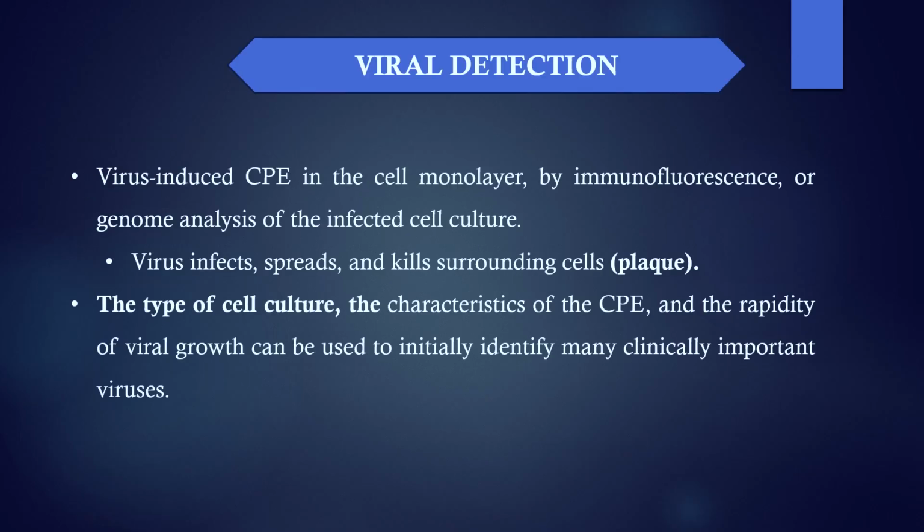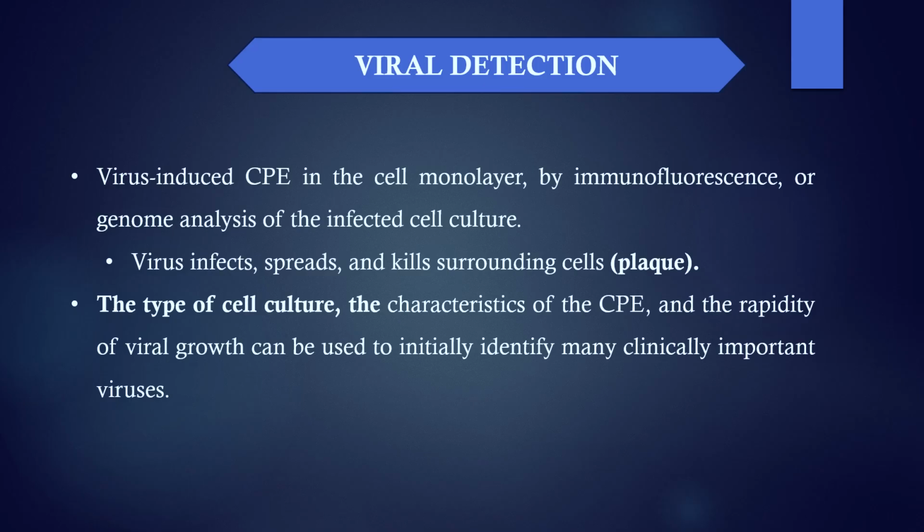Viral detection. After the collection of a sample from the infected individual and cultivating the viral particles in a cell culture, how can we identify or detect the viral growth? A virus can be detected and initially identified through observation of the virus-induced cytopathic effects in the cell monolayer, by immunofluorescence techniques, or genome analysis in the infected cell culture.